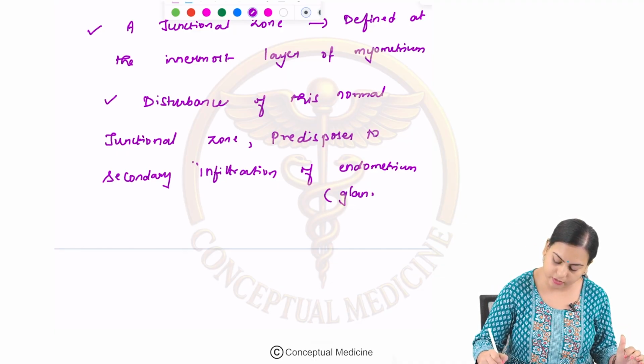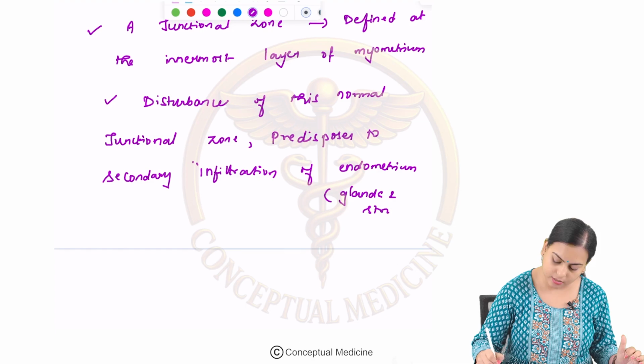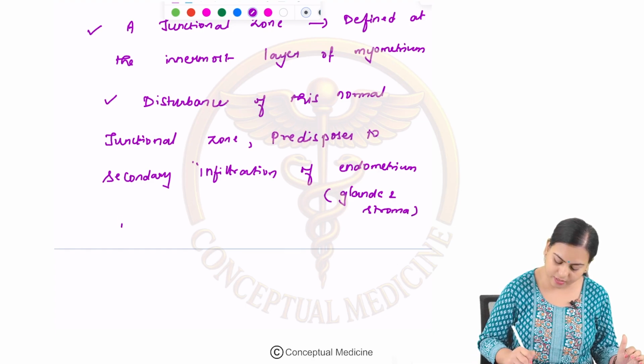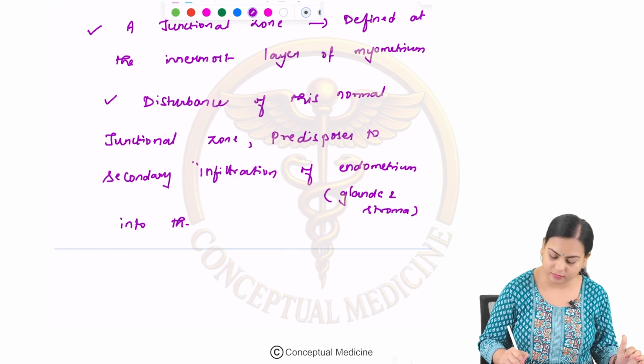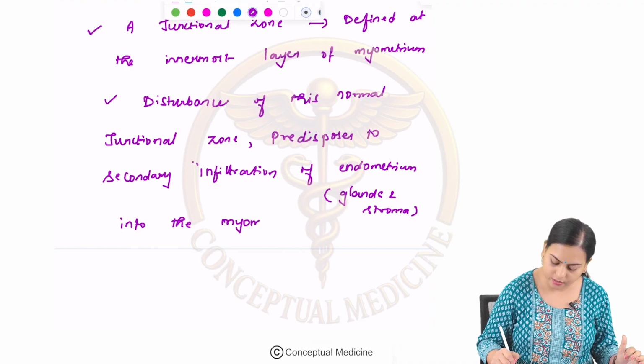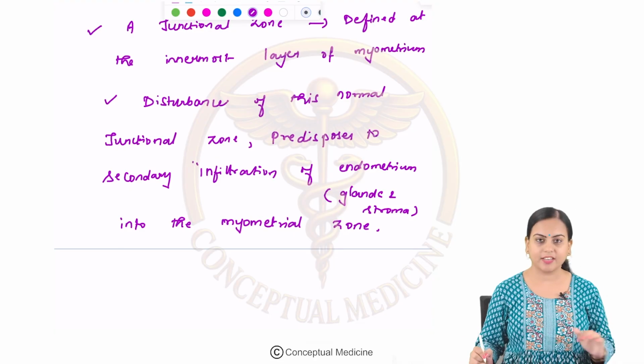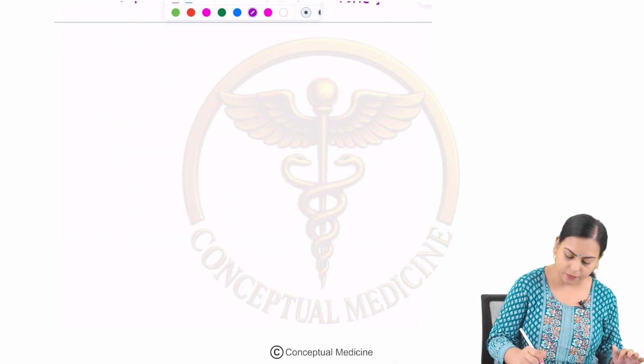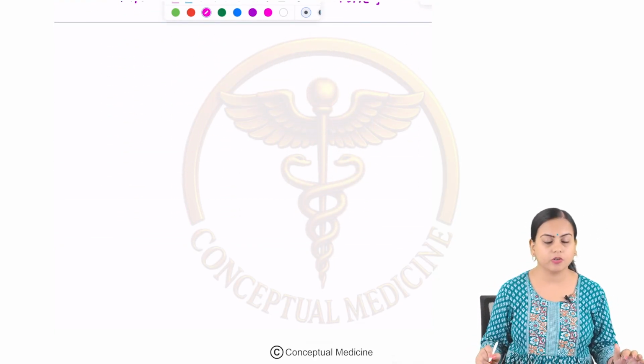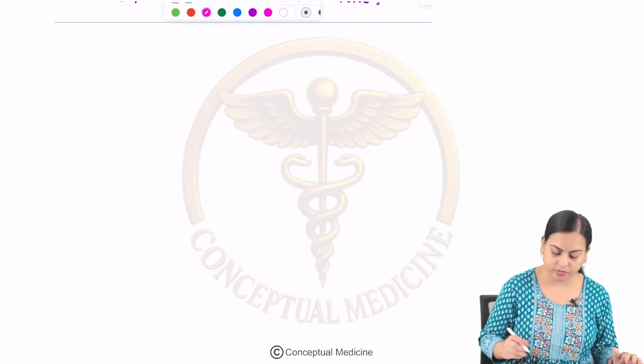That you have to understand. Glands as well as stroma into the myometrial zone. Clear? Right. Now, let's see what are the causes for adenomyosis.